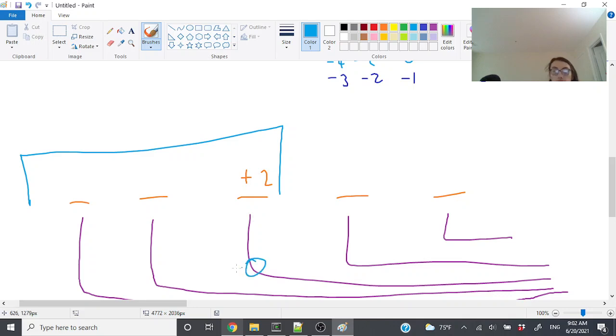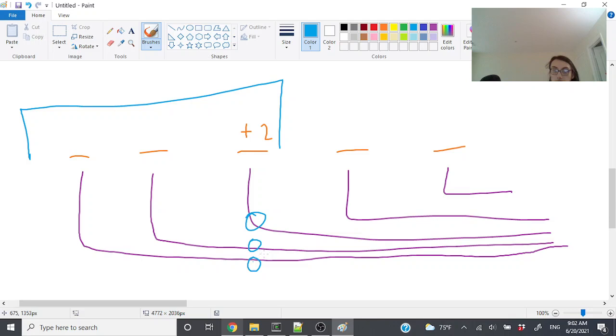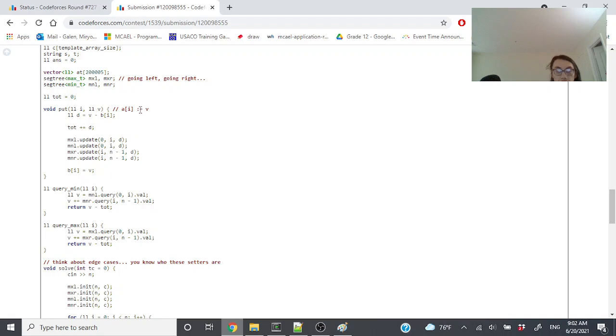Because this includes this element, this includes this element, and this includes this element. So it's overall +2 on this interval. So we can do it with lazy propagation, and we can work out similar indexing for the rest.